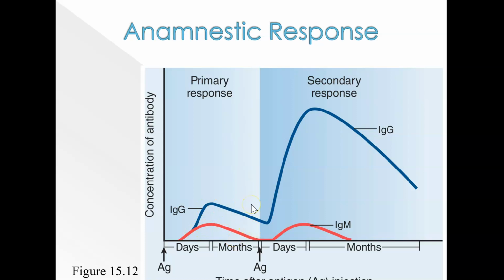But upon second exposure, this is where those memory cells serve such a crucial function, because within a day, within 2 days max, I would say, we're going to see this massive spike in IgG. And this is because those memory cells are going to go straight to IgG. They're not going to mess with IgM. And those IgG antibodies are much better at amplifying the signal, activating complement, recruiting natural killer cells, and they stick around in our bloodstream much longer.